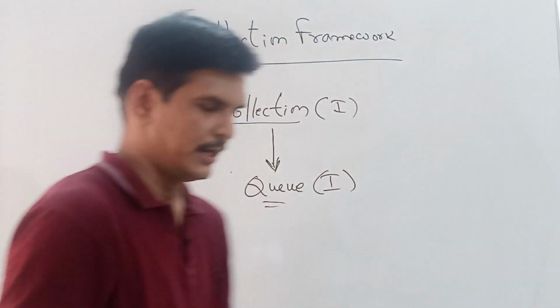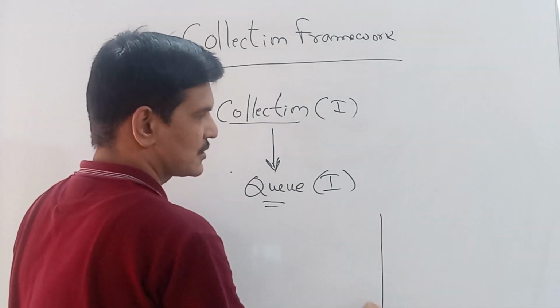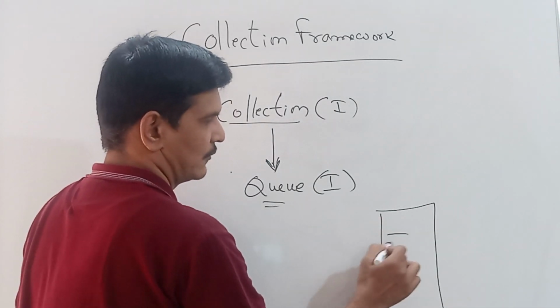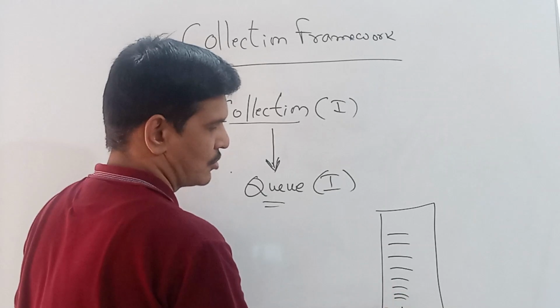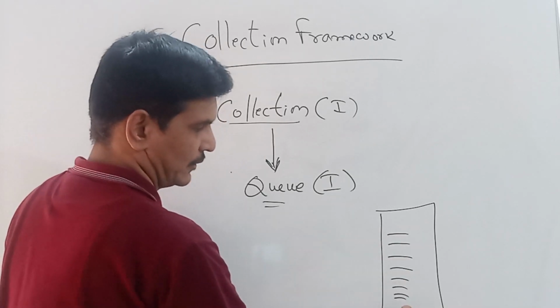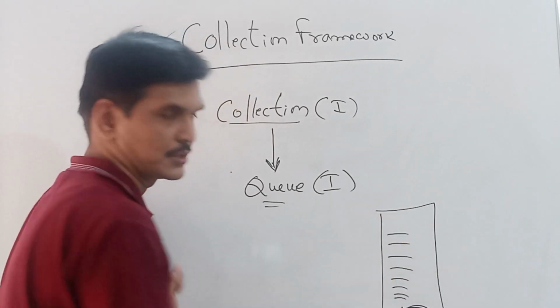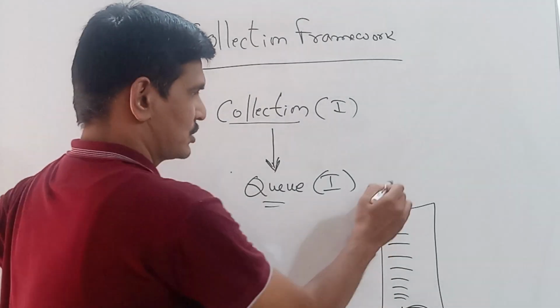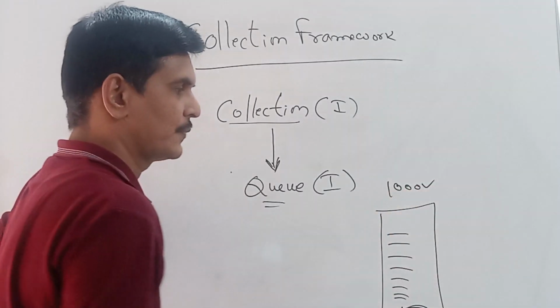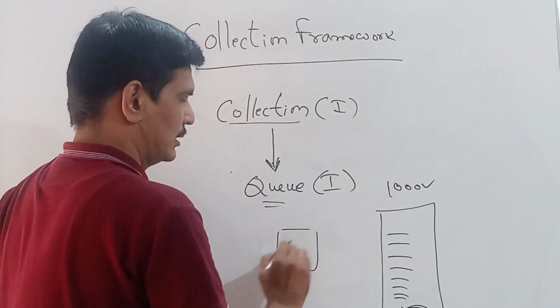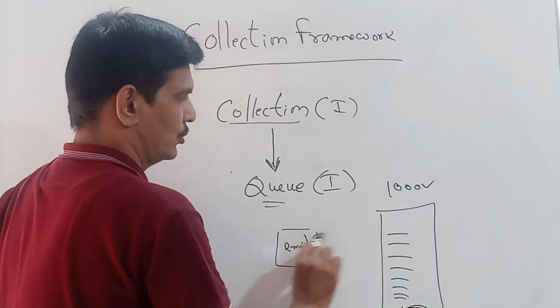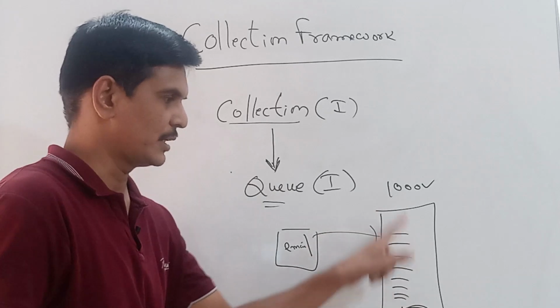Here I have a list of emails. Let's say I have 1,000 emails in total. I want to send an email to all these people in the list of recipients.